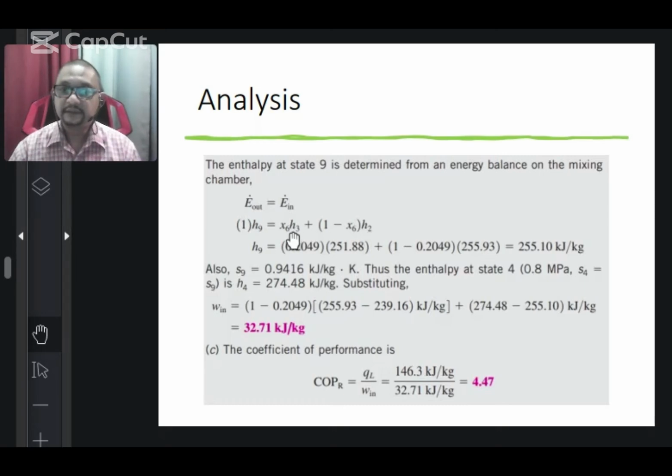So H3 and H2, this is a mixture of fractions. So H6 times H3 plus 1 minus H6 times H2. From there you will get H9, put all the values that you know based on the above equations, then you will get H9 is 255.1 kilojoule per kilogram.